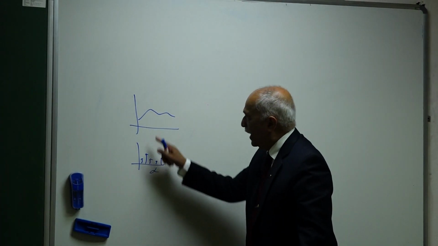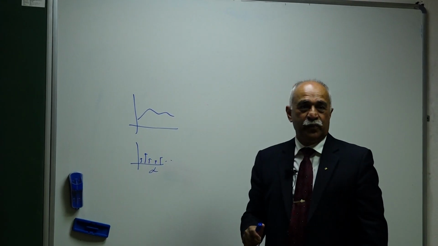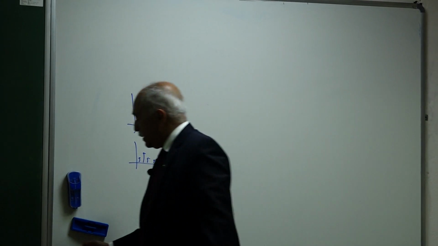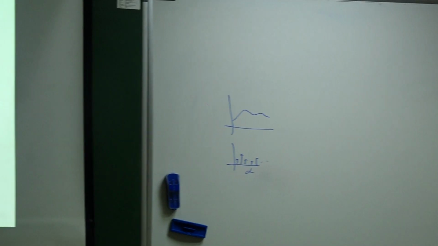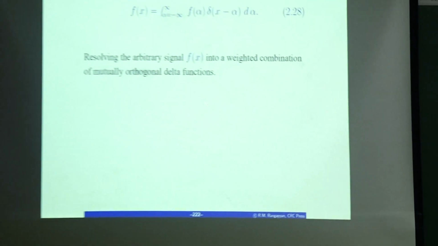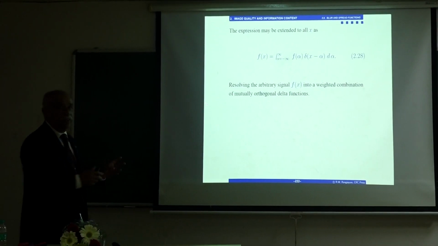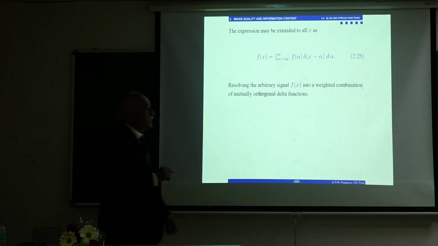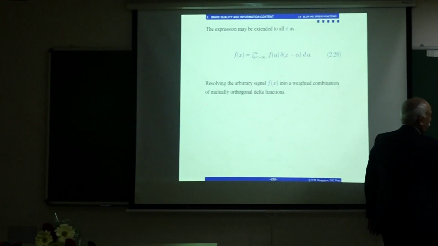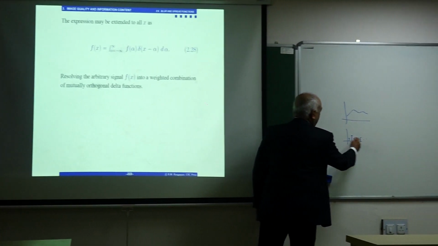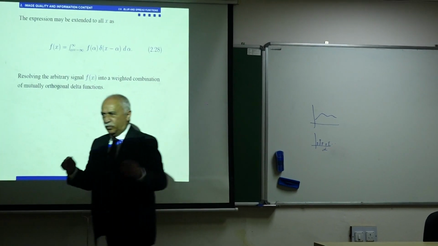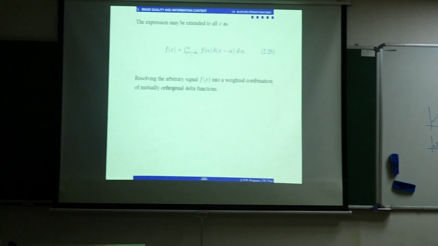Each has its own value according to the value of the signal there. So this is called resolving the arbitrary signal into a combination of mutually orthogonal delta functions. That is, when you multiply this delta function with any other and integrate, the output is 0. So they are mutually orthogonal.